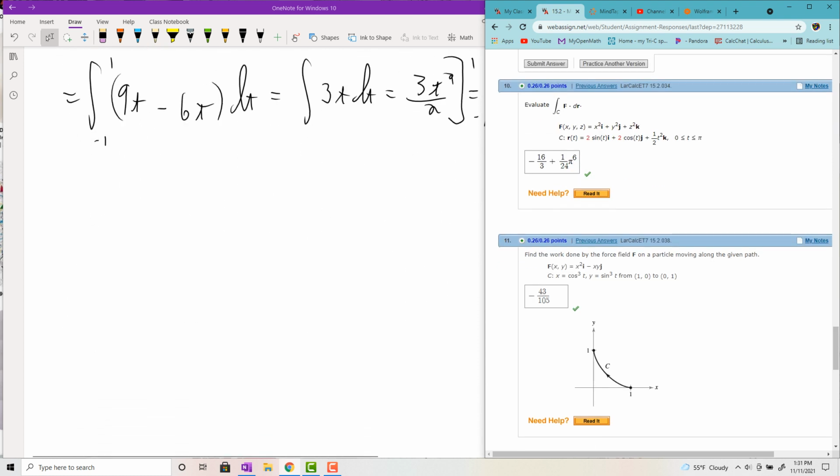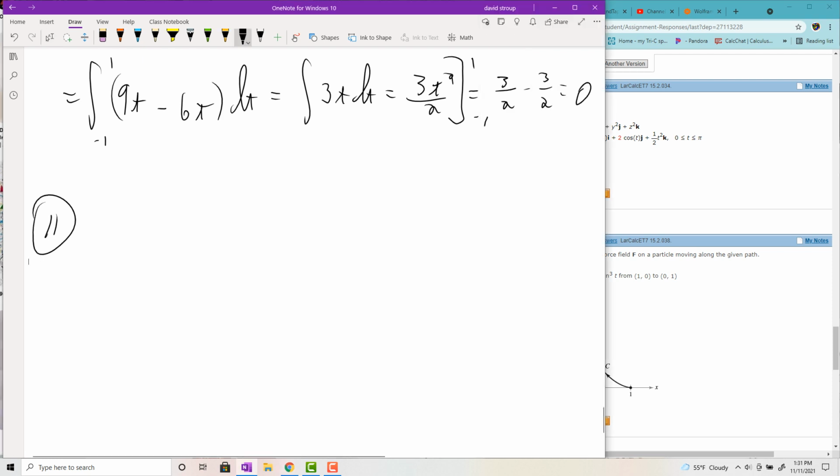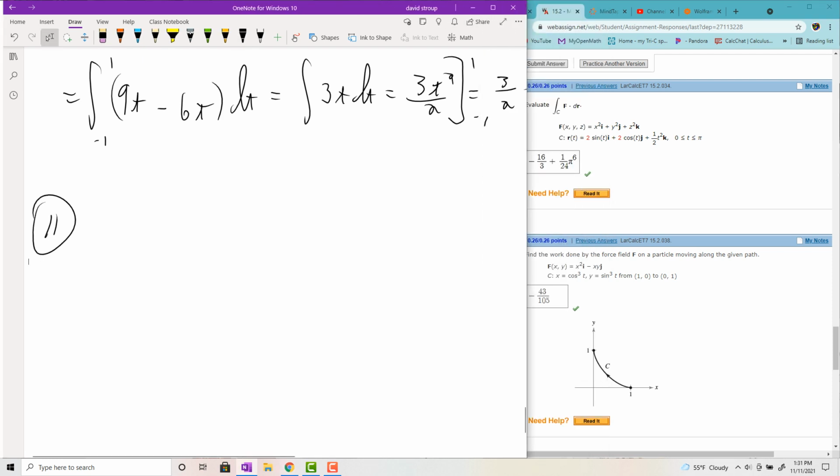Find the work done by the force field F on the particle moving in the given path. So it's problem 11. The force field is x squared comma negative xy, and my curve looks like a monster.